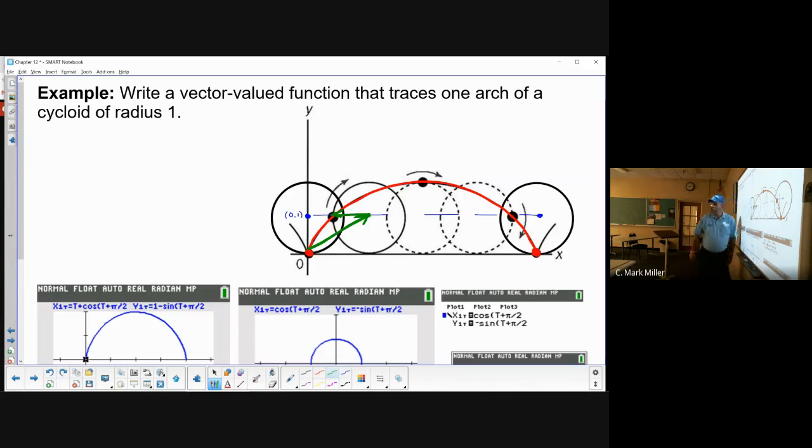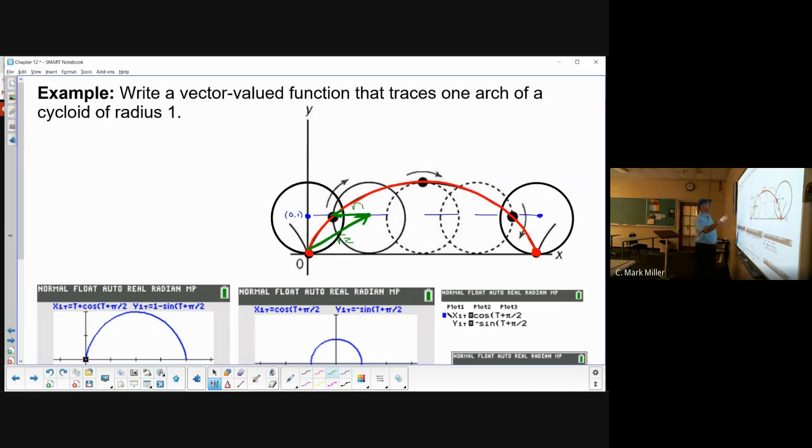So I need two vector valued functions. I'm going to call this one R1 and this one R2. R1 tracks the point with respect to the center.